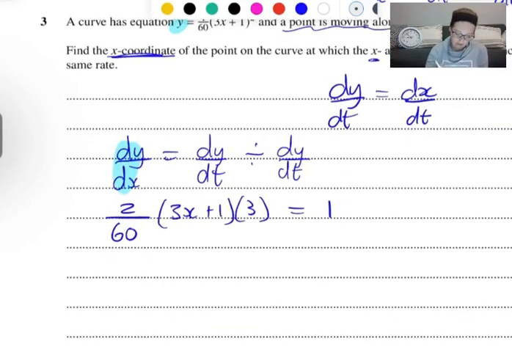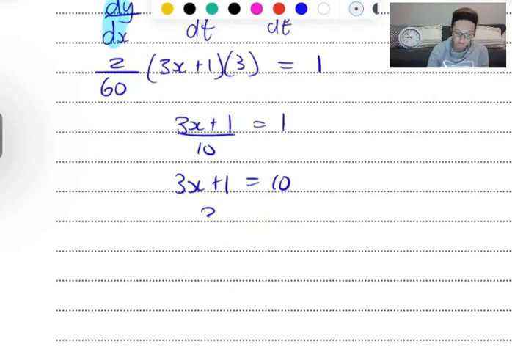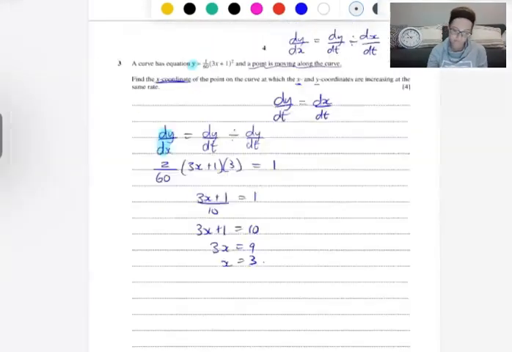Okay? So now I've got 6 divided by 60 is 1 over 10 is equal to 1, so if I just multiply my 10 on the other side, I'll have 3x is equal to 9, x is equal to 3.